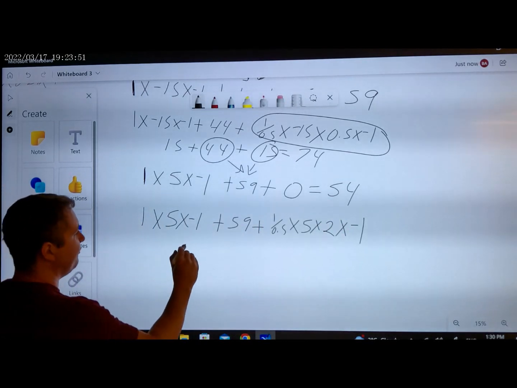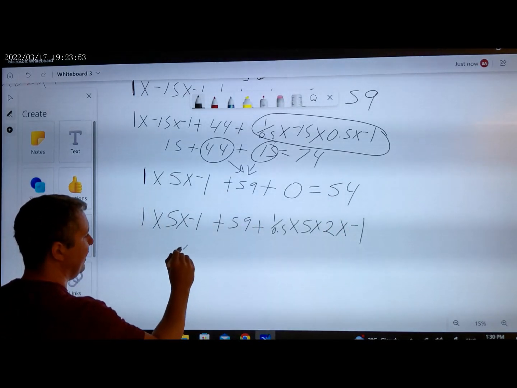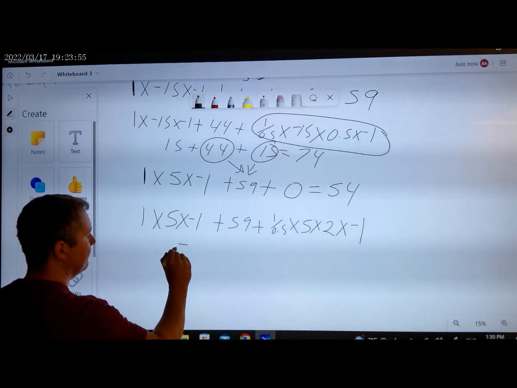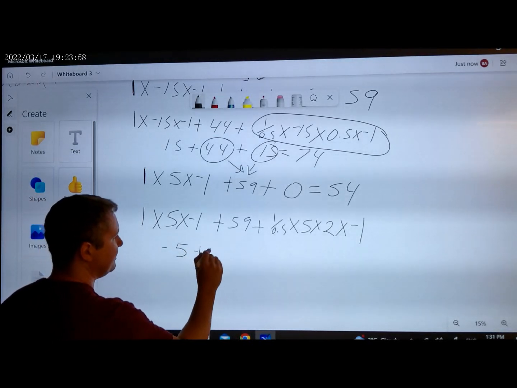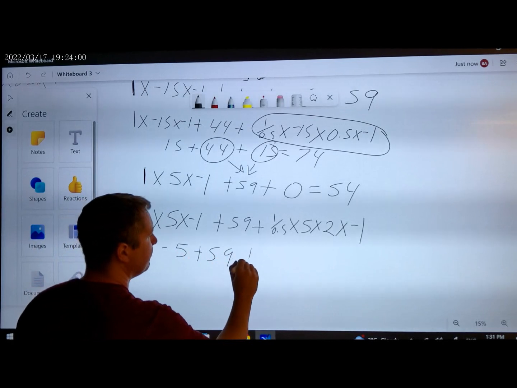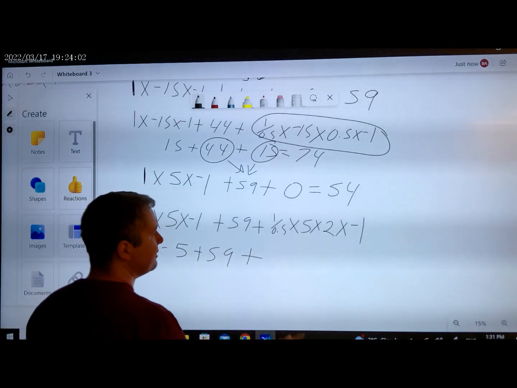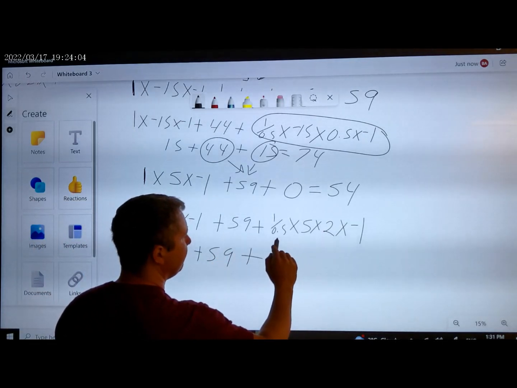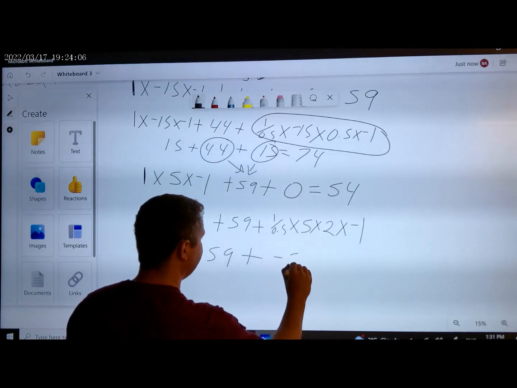So this is going to be minus 5 plus 59 plus, that's going to be 10, 5 minus 5.